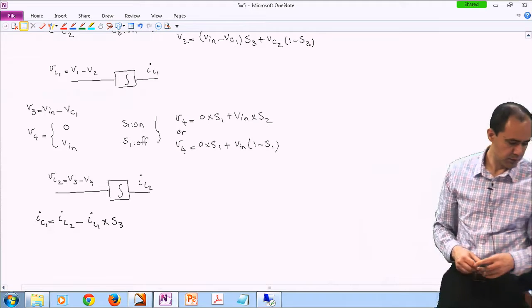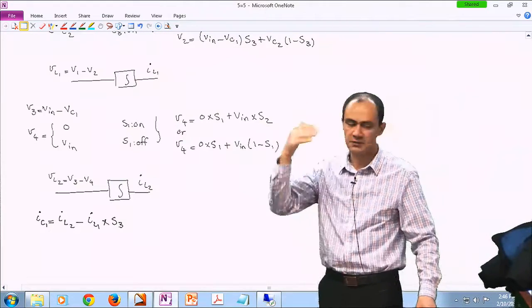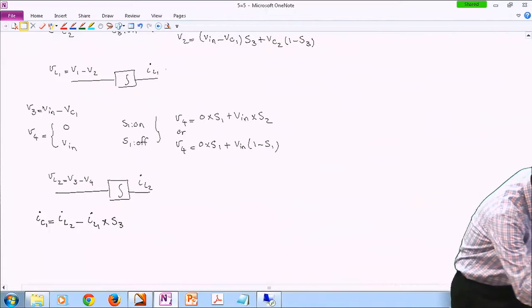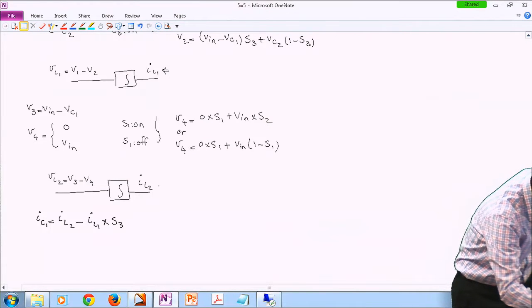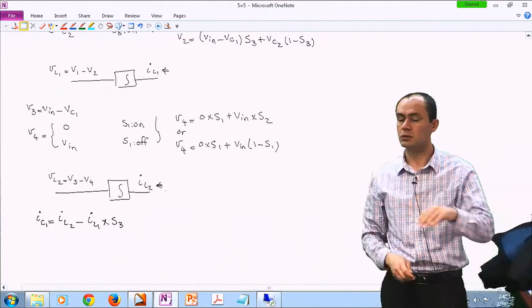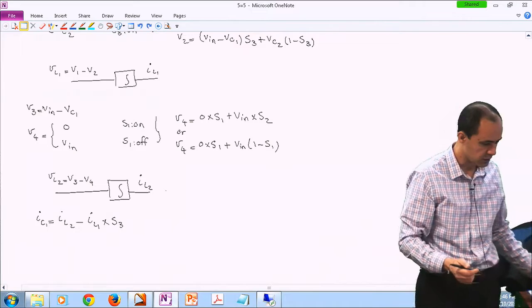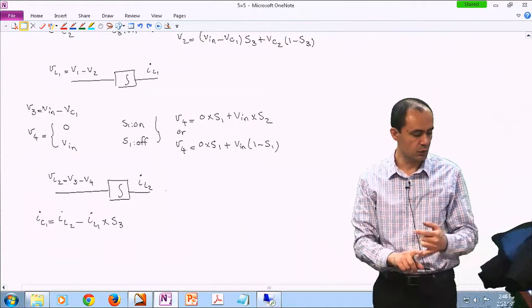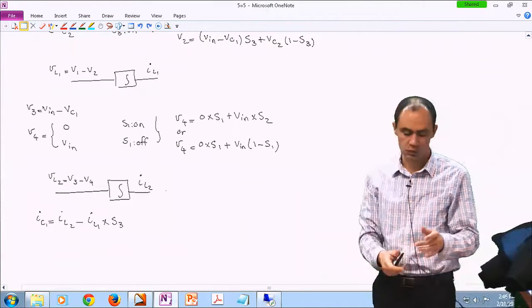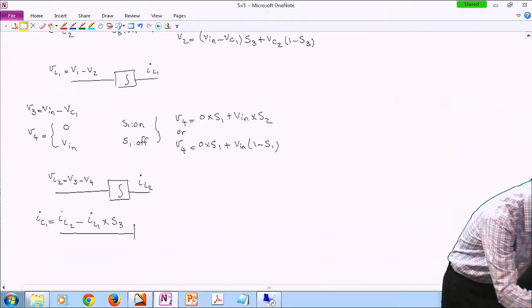So remember, these currents should be determined based on inductor currents. So up there we found IL1 and IL2. So for the rest of the equations, you should be able to use them. That's why on the right-hand side of my last equation, only IL1 and IL2 appear, as well as the switching functions. So technically, once I construct this signal, I just integrate it.